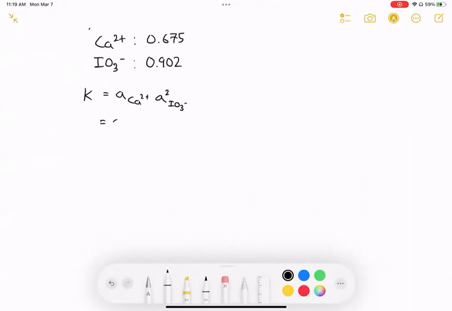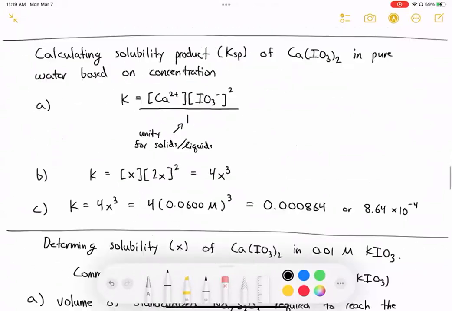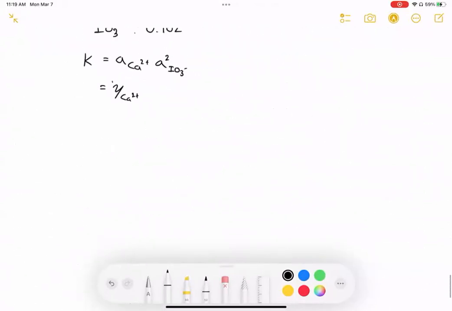Okay. We can rewrite this as the activity coefficient of calcium 2 plus times the concentration of calcium 2 plus times the coefficient of iodate squared times the concentration of iodate squared.